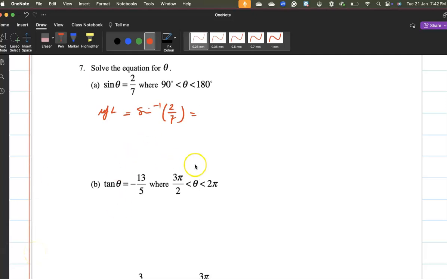All silver. So 16.6. Then what do you do? Then you do all silver teacups, and you see that it needs to be in between 90 and 180 degrees. So you would do 180 degrees minus 16.6.